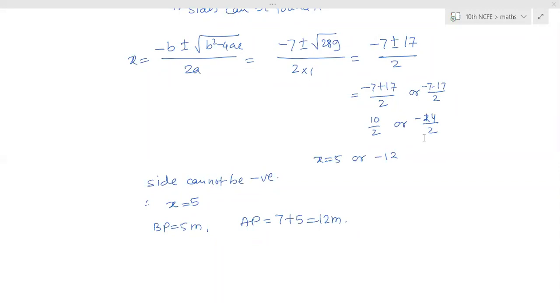Any other doubts? Anyone else? This exercise, mark this exercise. This is important. Ma'am, which exercise was that doubt? The 8th one. Okay, ma'am.